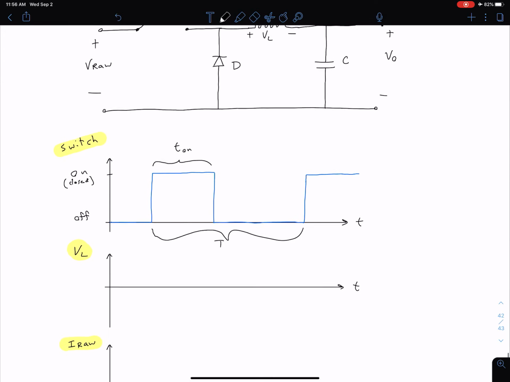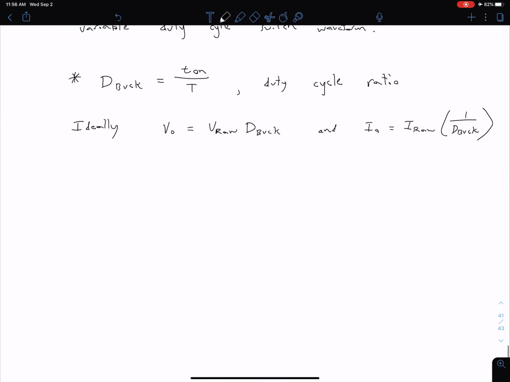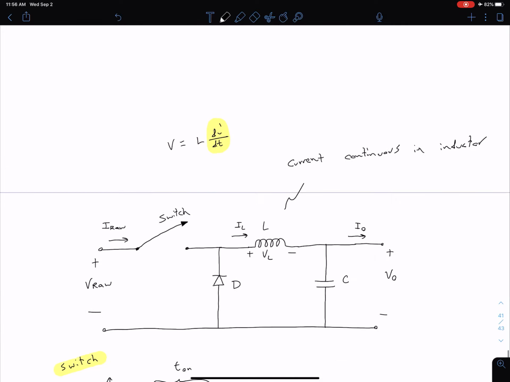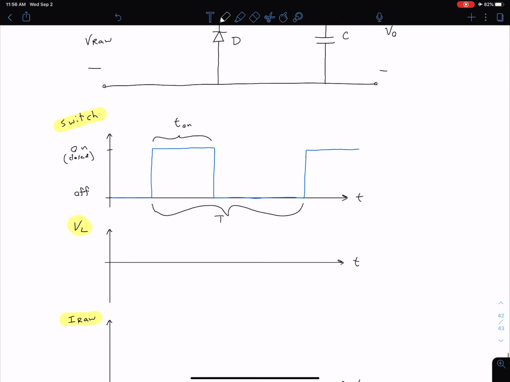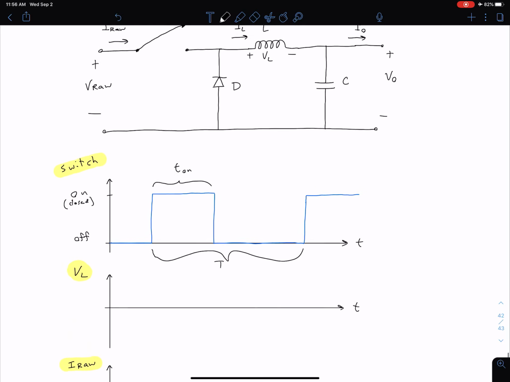By adjusting that duty cycle, if we look at this equation, we're able to adjust the relation between our output and input voltages. We'll come back and look at that in a little bit. Okay, so that's our switch, and that's pretty straightforward to see.